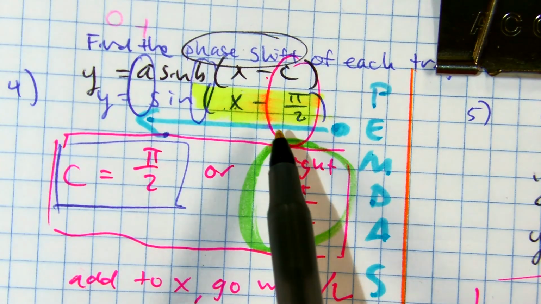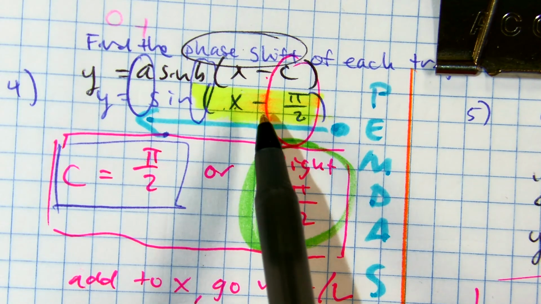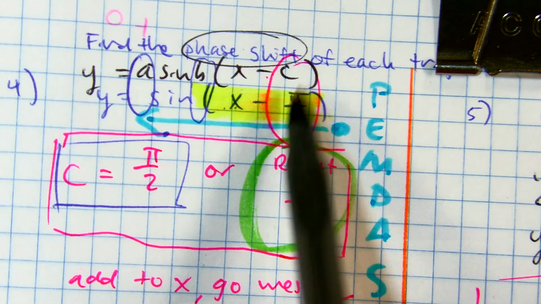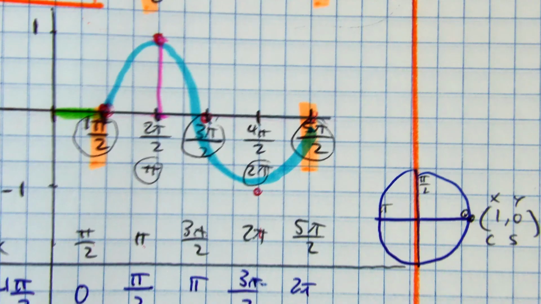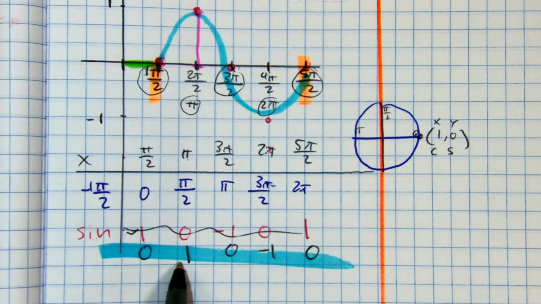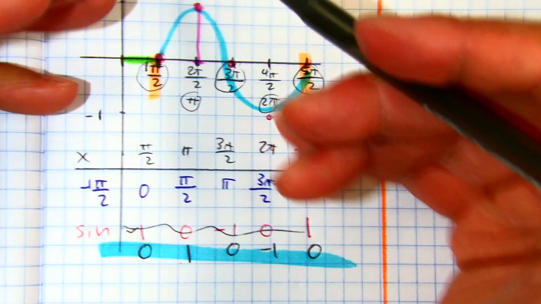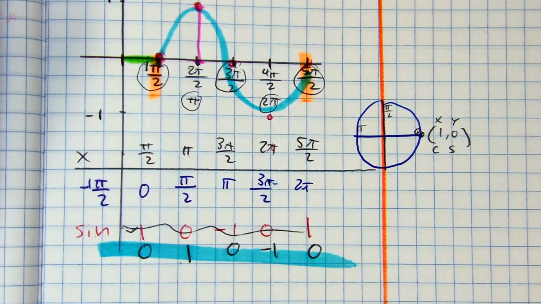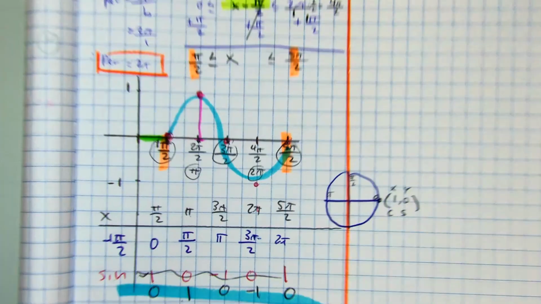Sine at pi over 2 is 1. That's why my ordered pair says pi, comma 1. So you don't like my mass production table of values, that's totally fine, but you still need to figure out those 5 x values and just evaluate them. So this was a simple problem on a phase shift.